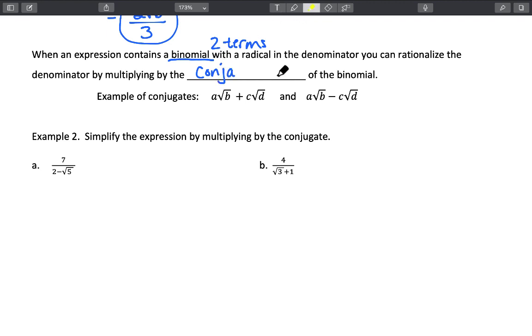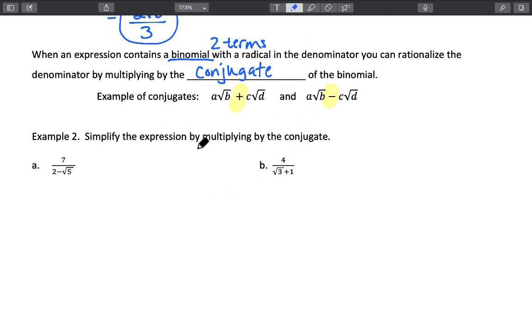Oops, I forgot a U in there, the conjugate. Now remember, we've looked at conjugates before, and the way conjugates are formed, for example, here's an example of a root b plus cd. Its conjugate would be a root b minus cd. So the big difference here, to keep a note, conjugates just have these opposite signs.